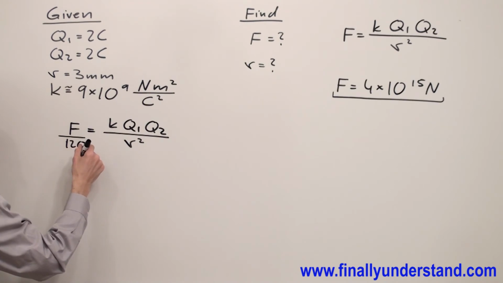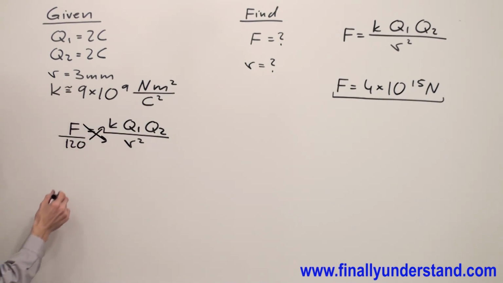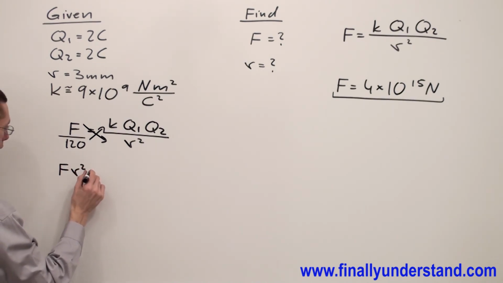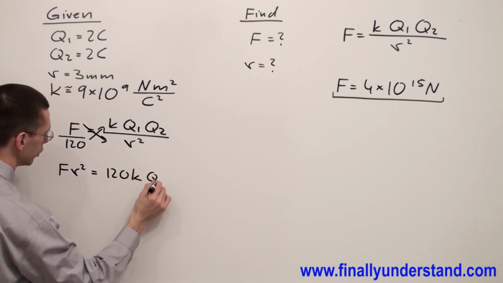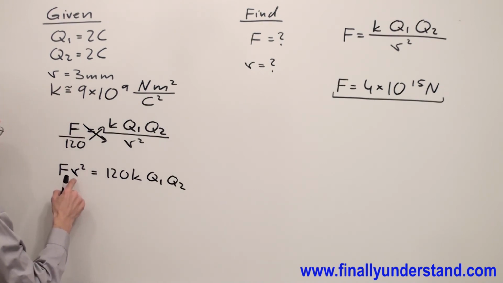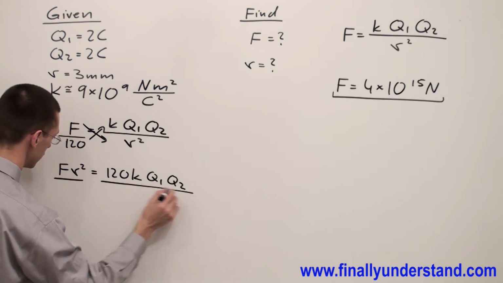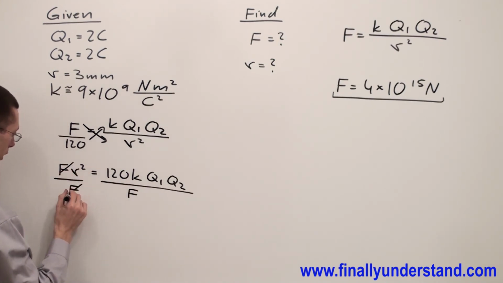This is a proportion. In order to solve a proportion, I have to cross multiply. I have F R squared equals 120 K Q1 Q2. I have to find R, so I divide both sides of the equation by F. F and F will cancel out.